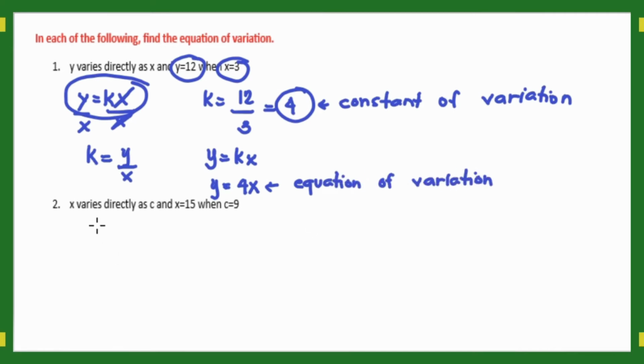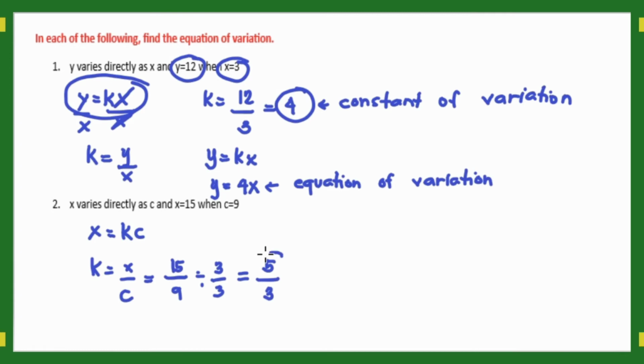Let's have number 2. X varies directly as c, so x is equal to kc. So, k is equal to x over c. Ang x natin is 15. So, 15 over 9, divide natin siya by 3. So, 15 divided by 3 is equal to 5. 9 divided by 3 is equal to 3.